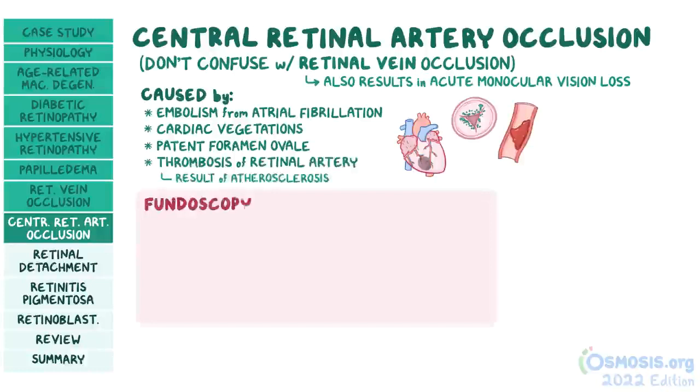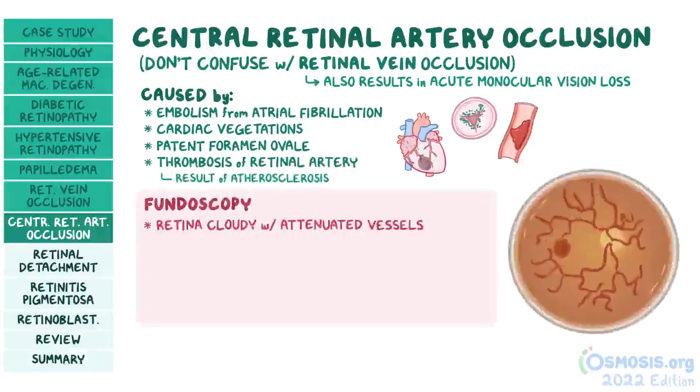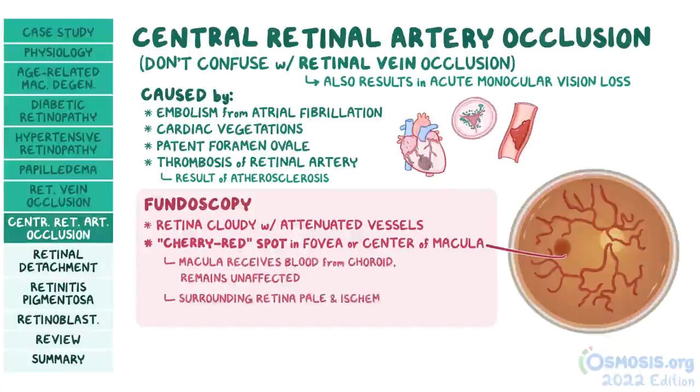On fundoscopy, the retina appears cloudy with attenuated vessels and the characteristic cherry red spot in the fovea or center of macula. For your exams, note that this is seen because the macula receives its blood supply from the choroid, which remains unaffected, while the surrounding retina is pale and ischemic due to the retinal artery occlusion.